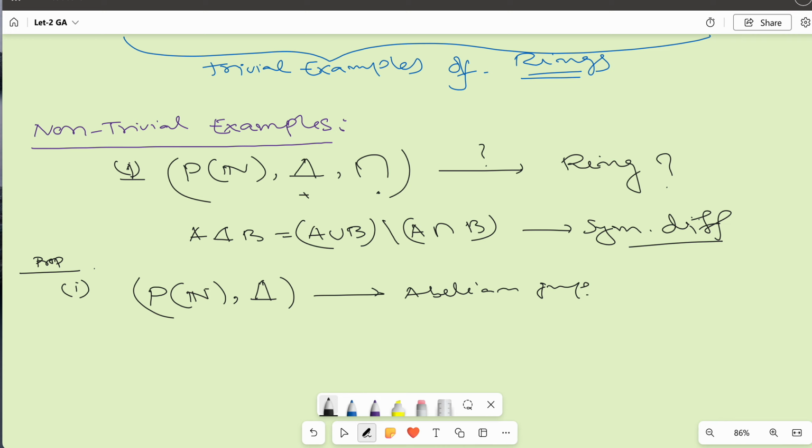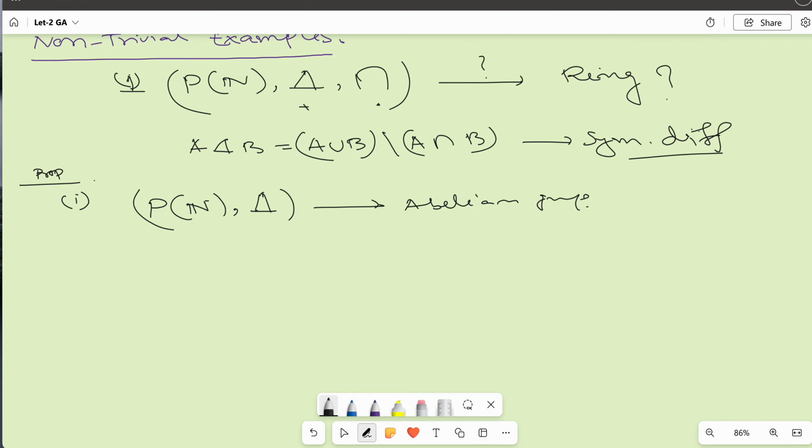Every non-identity element is of finite order, but this group is not a finite group. We have seen that the power set of natural numbers with respect to symmetric difference has every non-identity element of order 2. That means every element is its own inverse. So the power set of natural numbers is an abelian group, right? This is most trivial. But the identity is the empty set.